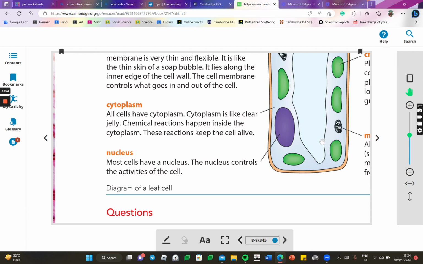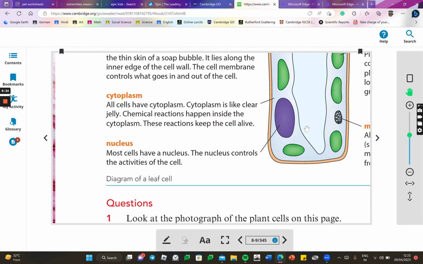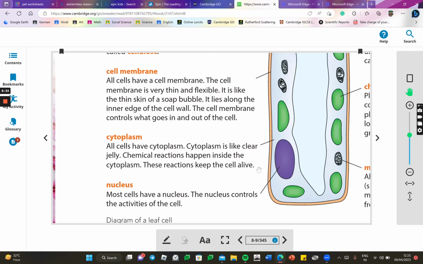Like we all know about chemical reactions, for example, magnesium plus oxygen gives us magnesium oxide, but those kinds of chemical reactions don't happen here. These are called biochemical reactions, which are related to some chemical substances, but they're not very strong.